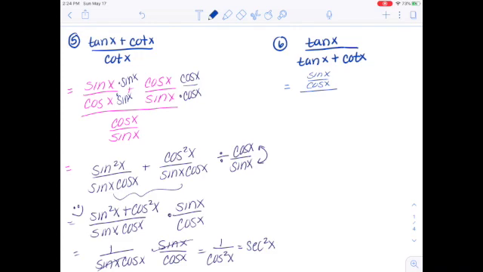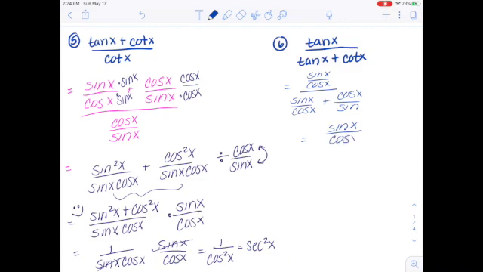And then the denominator would just be sine of x over cosine of x plus cosine of x over sine of x. Make common denominators in that denominator.